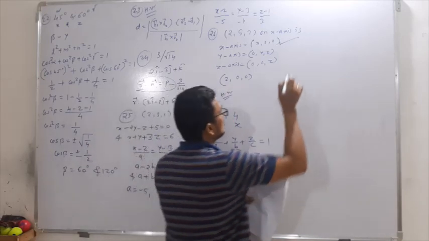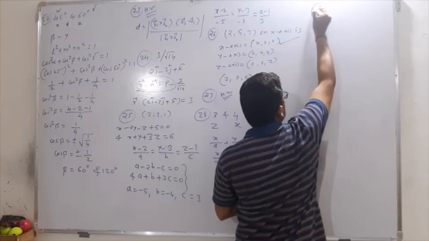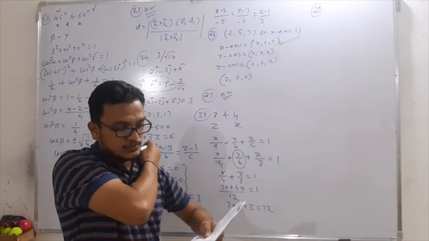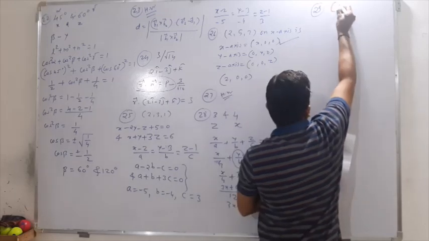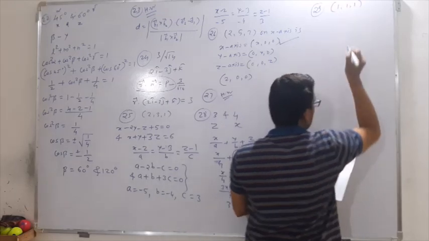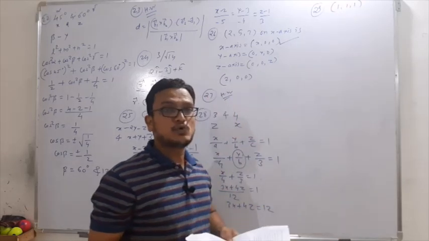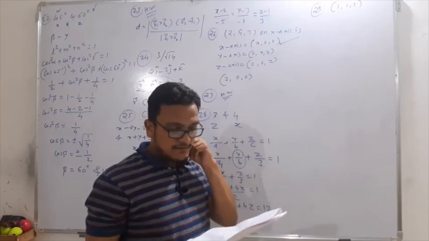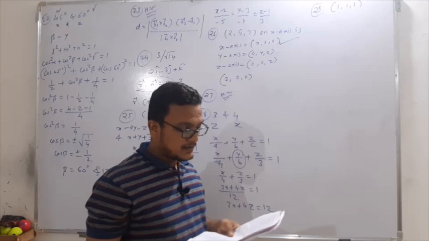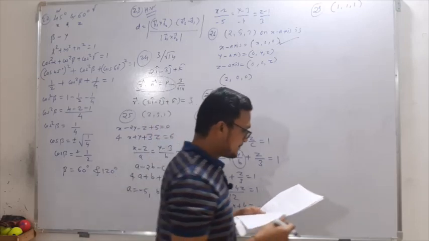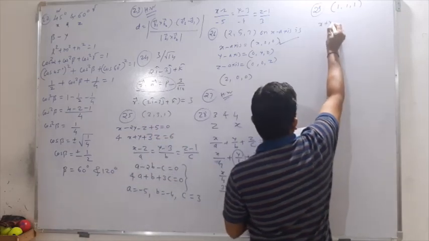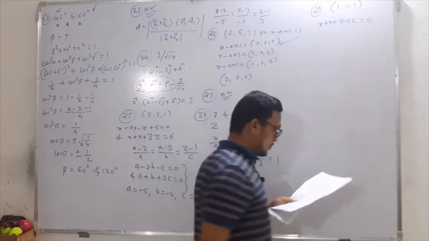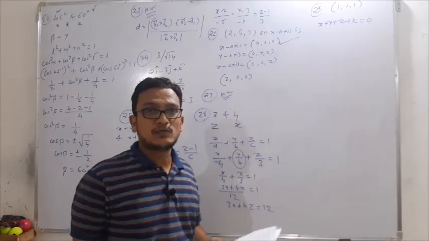Next, question number 29. If the distance of the point 1, 1, 1 from the origin is half of its distance from the plane x plus y plus z plus k is equal to 0, then what is the value of k?